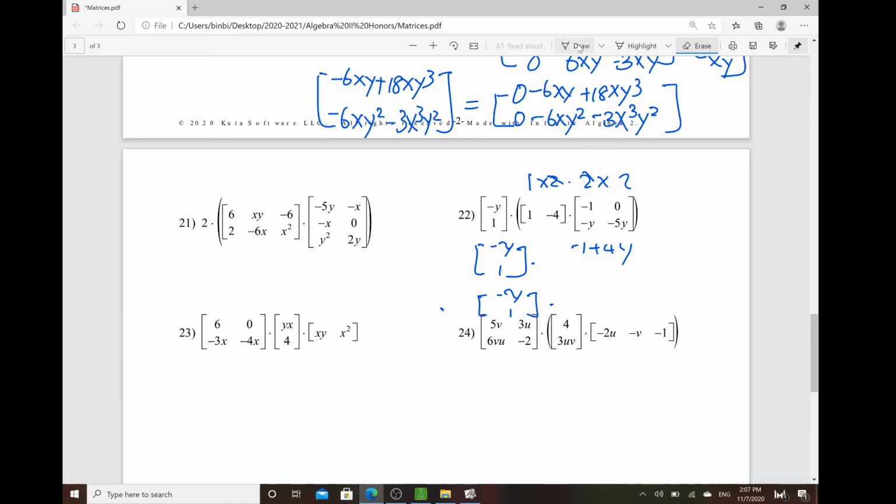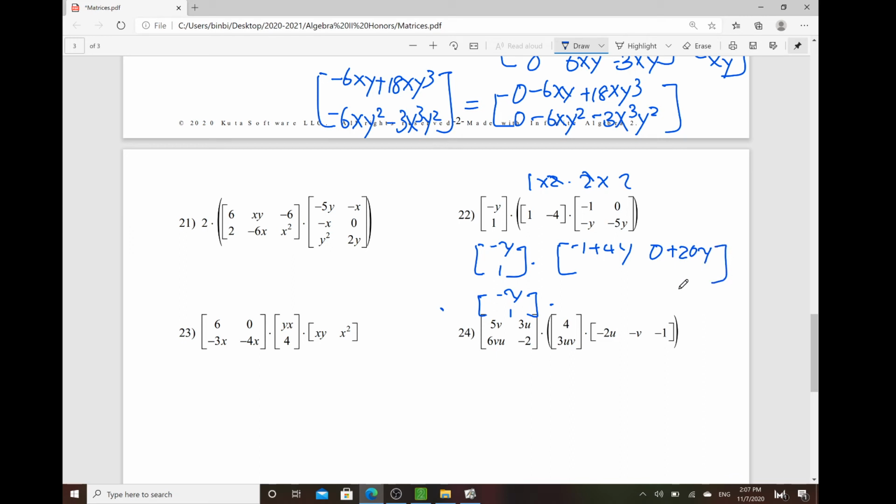So 1 times negative 1, negative 1. Negative 4 times negative y, positive 4y. So that takes care of the first entry of the first row in the first column. And then the first row, second column. So 1 times 0, 0. And then negative 4 times negative 5y, 20y.